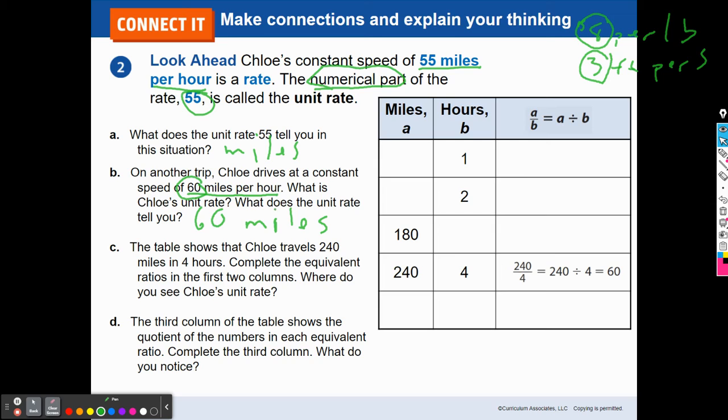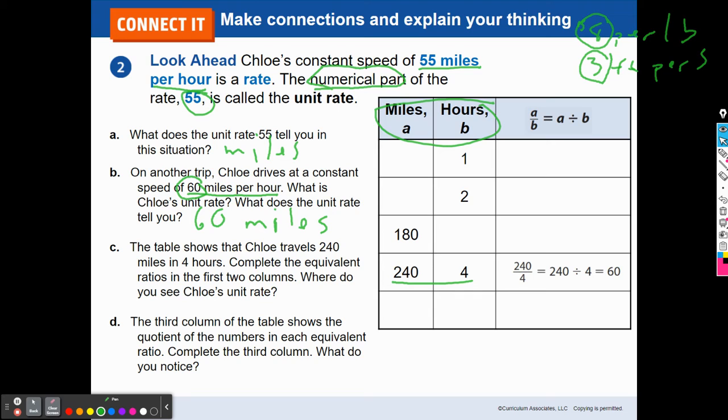Okay, so C. The table shows that Chloe travels 240 miles in 4 hours. 240 miles, 4 hours. Complete the equivalent ratios in the first 2 columns. So, we're here. We're not over in the third column. Ignore third column for now, okay? Complete the equivalent ratio in the first two columns.